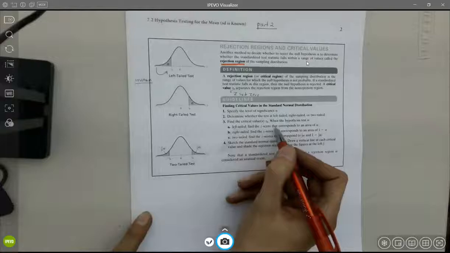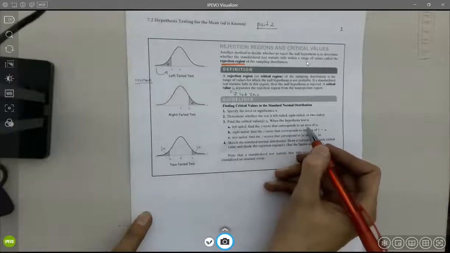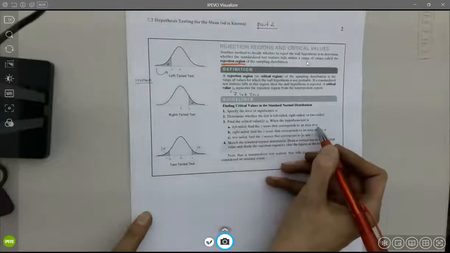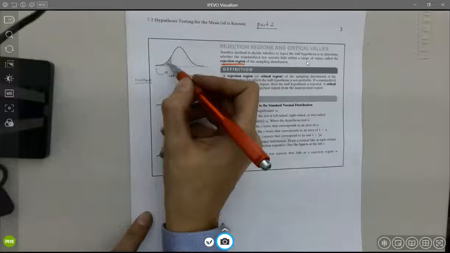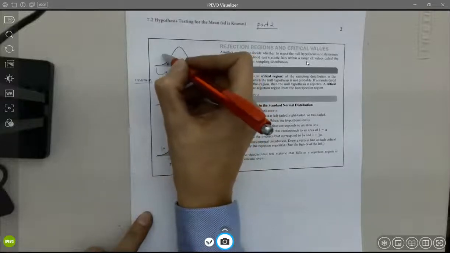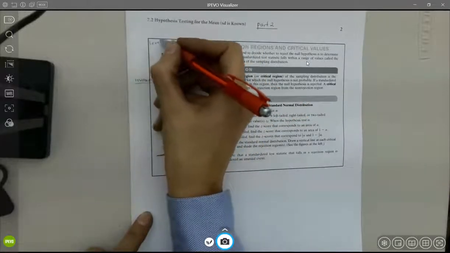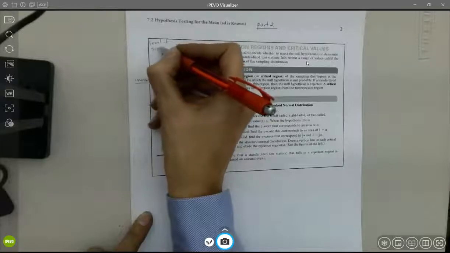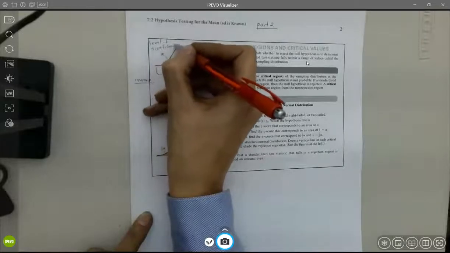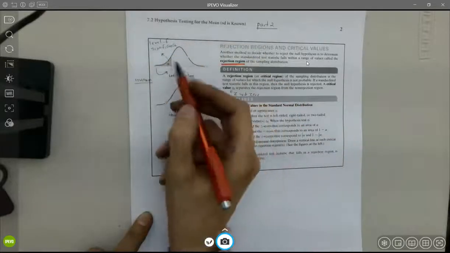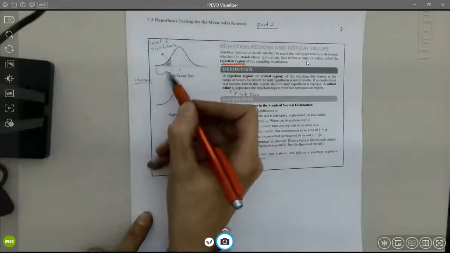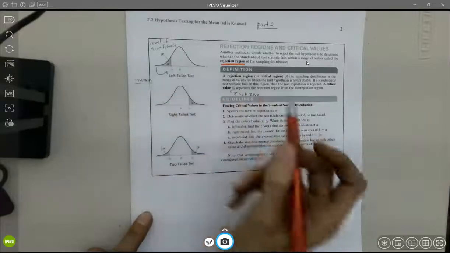Your z-score corresponds to the area of alpha. So we have our alpha. What was alpha? Level of significance. We use inverse norm to find ZC.